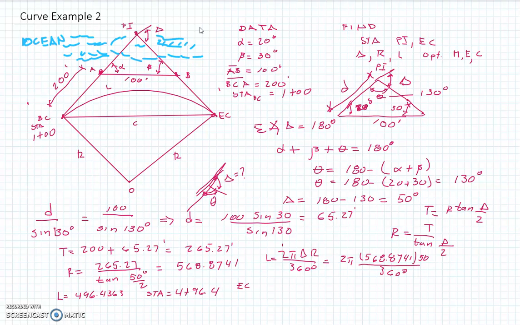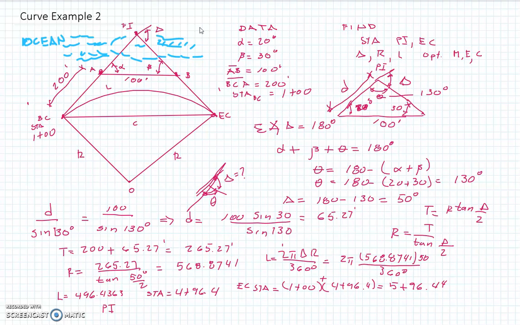Now that I know the length, I can find the station of the EC. My EC station will be 1 plus 00, which is the beginning of the curve, plus 4 plus 96.4, and this equals 5 plus 96.44. Also, I can find the station of the PI.